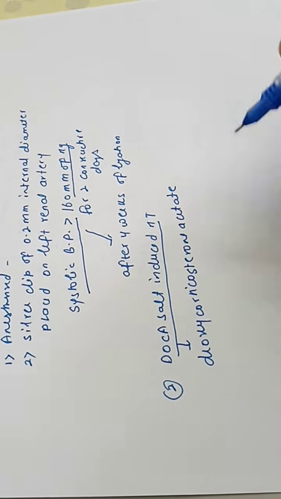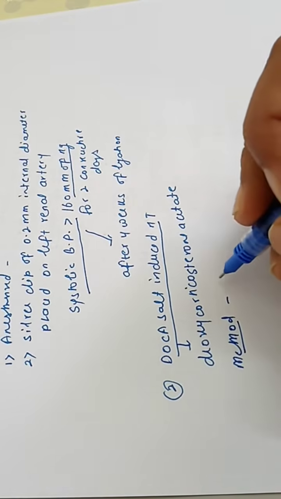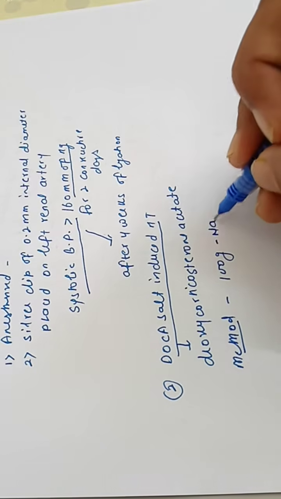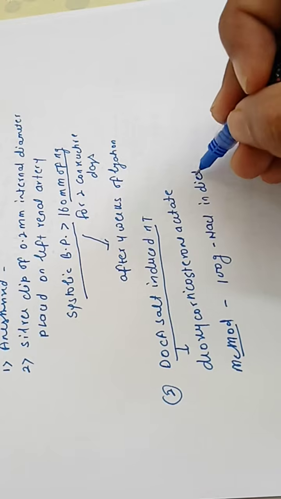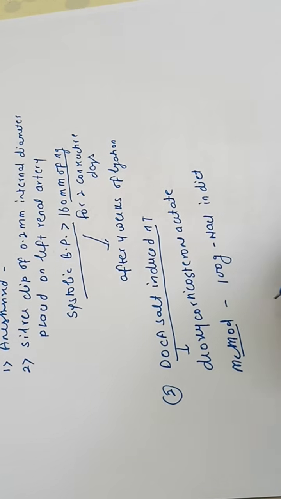For the method, you have to give 100 gram NaCl in the normal diet of the animals, or you have to give 2% sodium chloride in the drinking water. With around 250 gram DOCA at 10 mg per kg subcutaneously twice weekly for 4 weeks, it will result in hypertension.